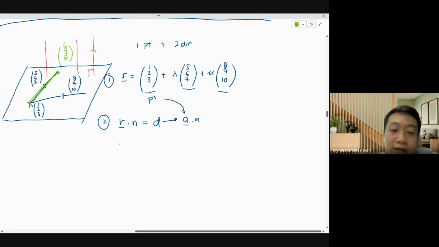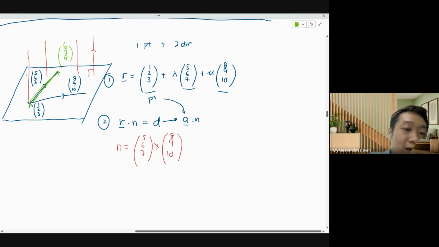How to get a normal from two directions? You need to take 5, 6, 7 cross 8, 9, 10, because when you cross two vectors, you get a normal that is perpendicular to the plane. So you cross this: cover the first row, 6 times 10 minus 7 times 9, 60 minus 63.